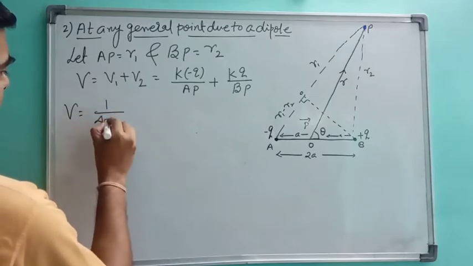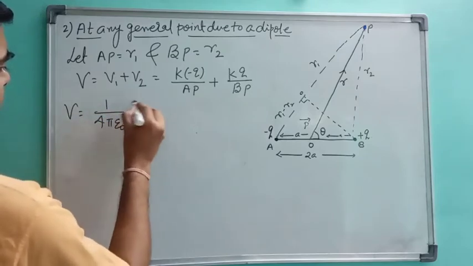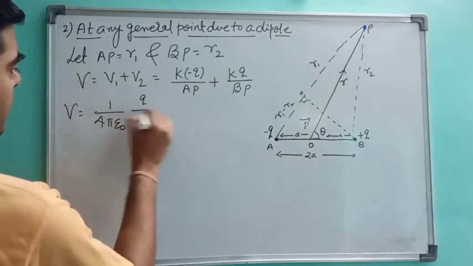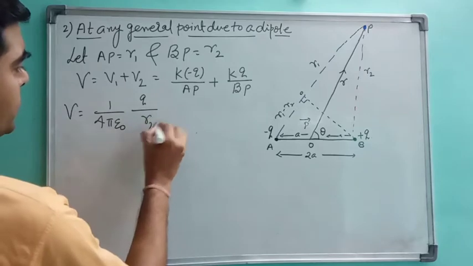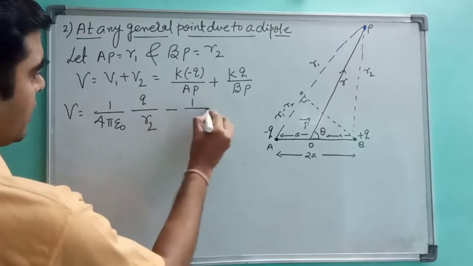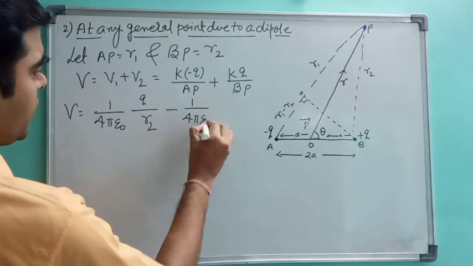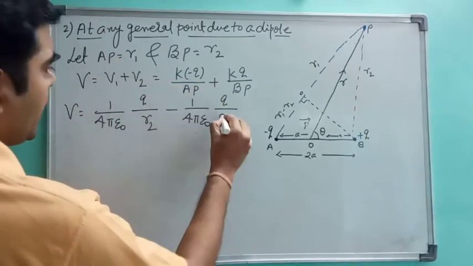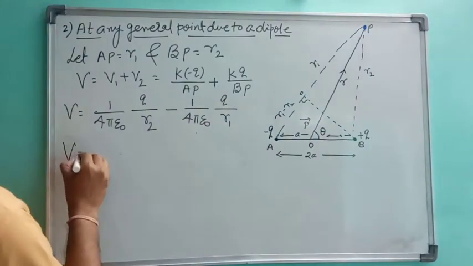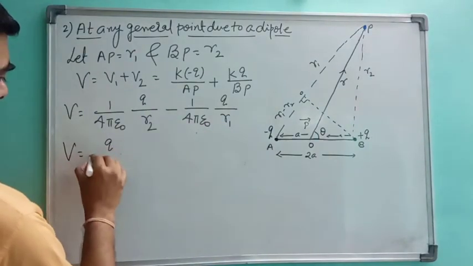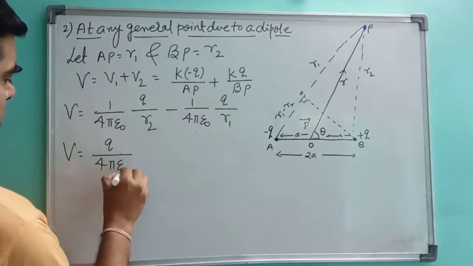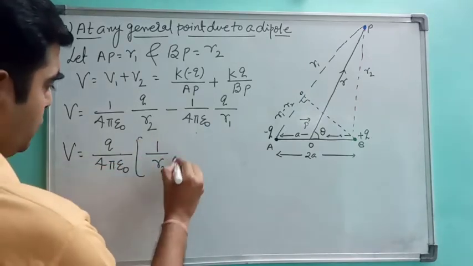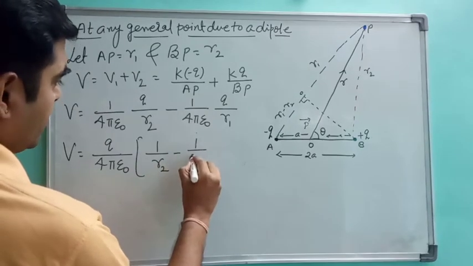Now V is equal to 1 upon 4 pi epsilon naught, K replaced by 1 upon 4 pi epsilon naught, and Q upon BP replaced by R2, minus K replaced by 1 upon 4 pi epsilon naught, and Q upon AP replaced by R1. Now taking common Q upon 4 pi epsilon naught, the remaining portion is 1 upon R2 minus 1 upon R1.